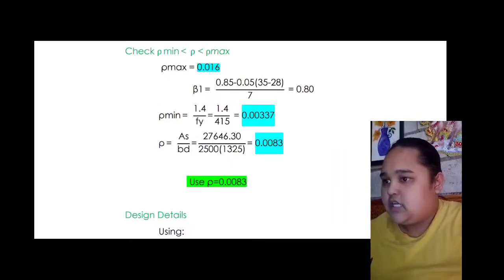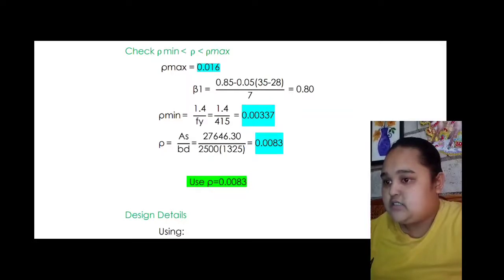The next is check if P minimum is less than P and P is less than P max. P max is equal to 0.016. P minimum is 1.4 over Fy, which is 1.4 over 415 is equal to 0.00337.